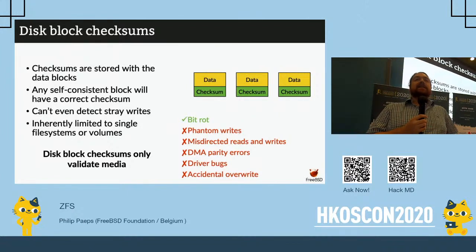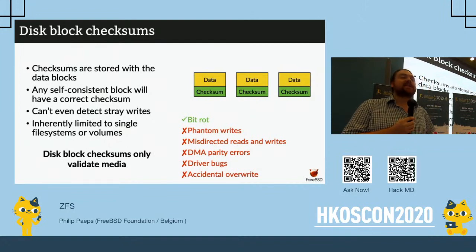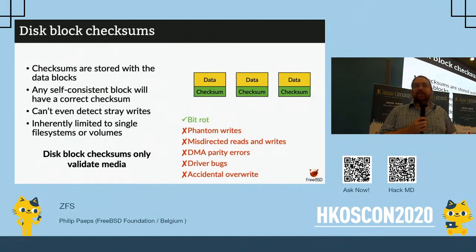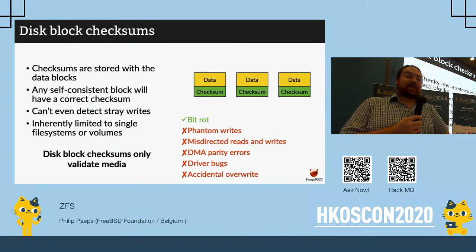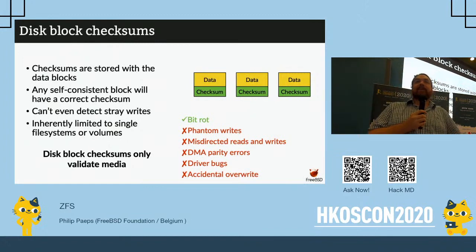So any self-consistent block will have a correct checksum. Hooray, great. But if you had a stray write, or a misdirected write, or any of a number of device driver bugs or accidental overwrite, your data block is going to be written, and its checksum is going to be correct, and your file system is going to be happy. So that's not very good.